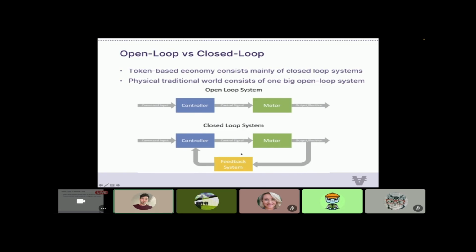There is a feedback system. If the token design is not correct, or if it actually goes well, we will see that quite easily in this closed loop system, because we have a relatively controllable environment. So that is, to come back to your question, Javi, what I think is the biggest difference between the real world and our digital ecosystem.